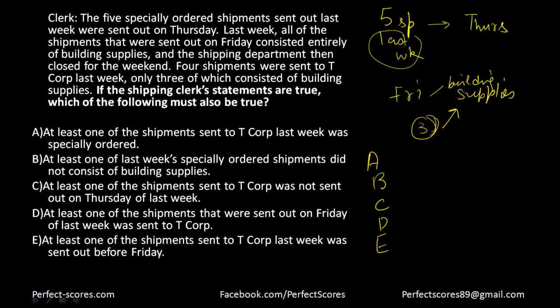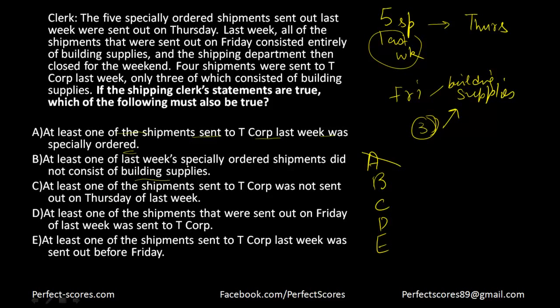So let's go through option A. At least one of the shipments sent to T-Corp last week was specially ordered. We cannot be 100% sure of this because we do not know whether that extra special shipment was given to T-Corp or to some other company. So A cannot be the answer. B says at least one of last week's specially ordered shipments did not consist of building supplies.